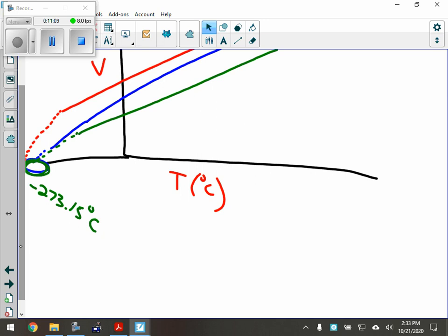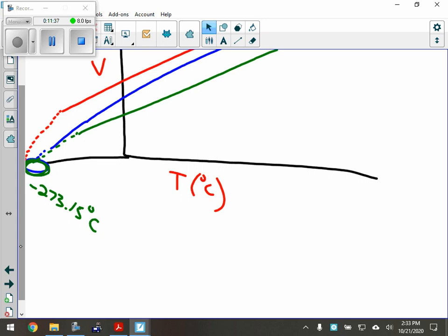If the gas actually gets down to negative 273.15 Celsius, what does that really mean? Does it mean all motion stops? No. What it means is the gas would have what volume?